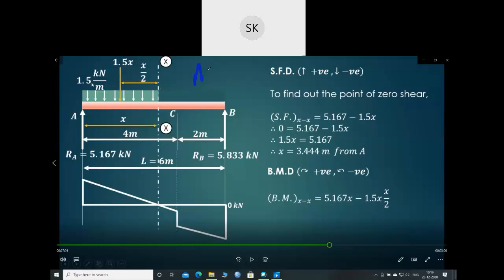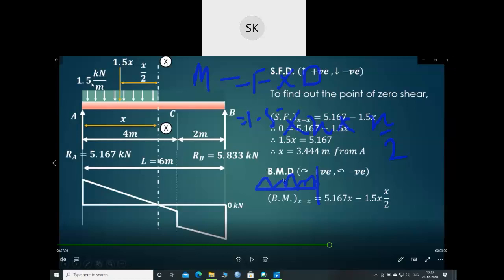We know for moment we have force into distance, right? So for the UDL, how to convert this UDL into force? 1.5 into x. So RA into x minus 1.5 into x. Now what will be the distance? As you know, for the UDL case, when finding the moment, we take half of the distance, so it will be x by 2. Suppose I am giving a beam with only UDL, what will be the moment about a point?